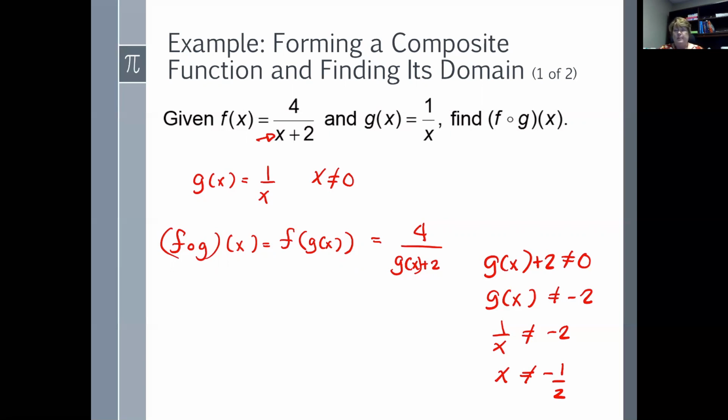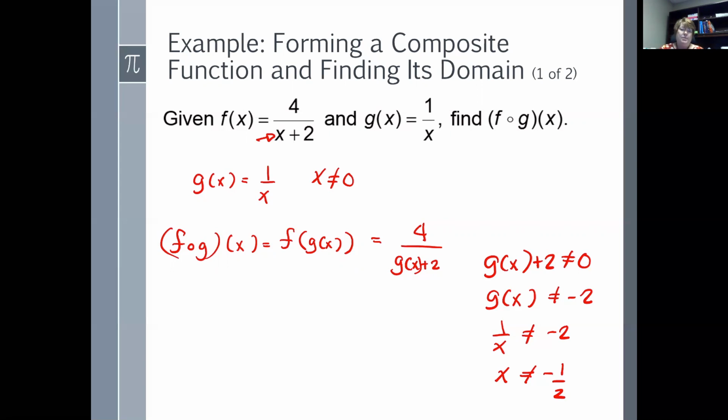So let's recap. I have two functions, f of x equals 4 over x plus 2, and g of x equals 1 over x. And I want to find the composite function f composed with g of x. Okay, first I need to look at g of x. G of x is equal to 1 over x. If the input is not in the function g, it cannot be in the composite function.